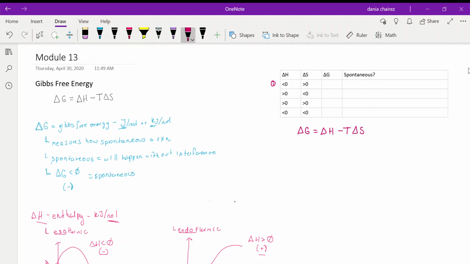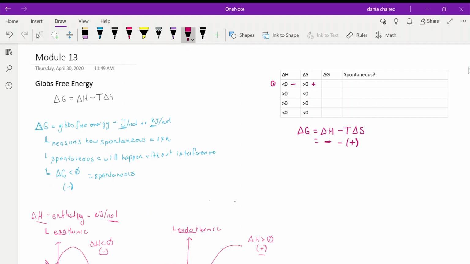Right. So in the first problem, it tells us that our delta H is less than 0, which is a negative. So that's just going to be replaced by a negative sign. And our delta S is greater than 0, meaning that it's positive, so this is going to be replaced by just a positive sign. Because your temperature in Kelvin, you can't really get a negative because absolute 0 is absolute 0.